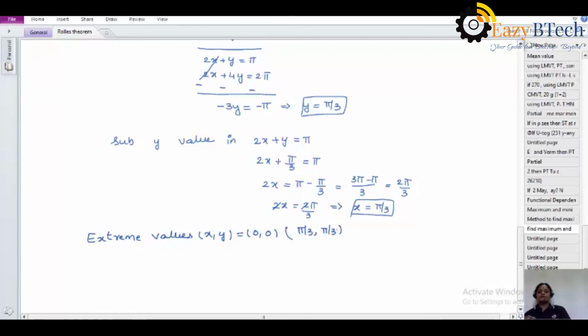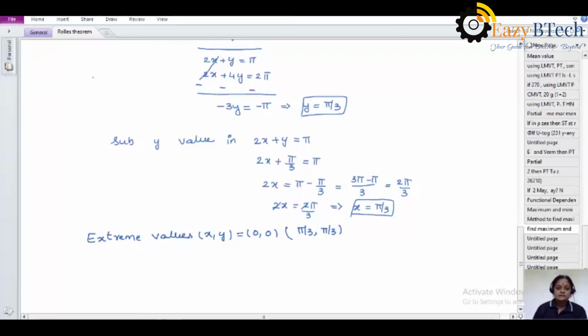Okay, this is the first step. Okay students, partially differentiate f with respect to x and y, but in this question u was given here. Then partially differentiate u with respect to x and y, equate to 0 and solve the equations to get the values of x and y. So those points are known as the extreme points. Either it may be the maximum value or minimum value at that point.